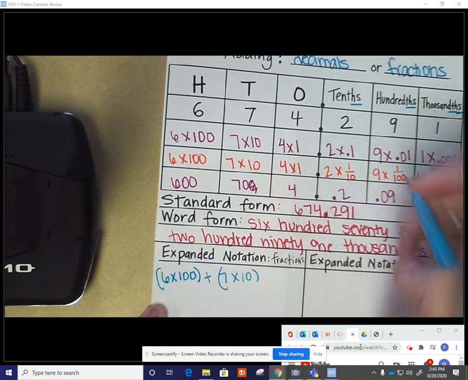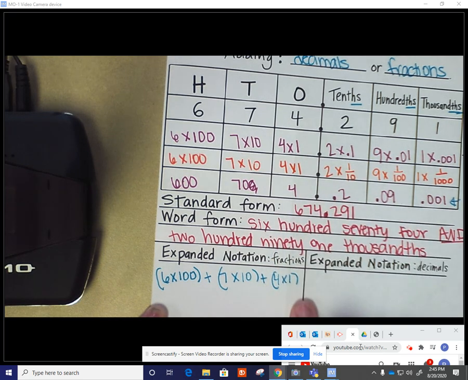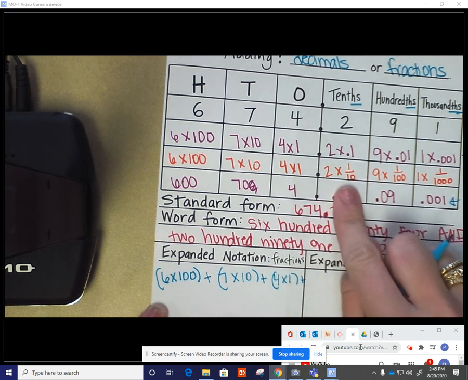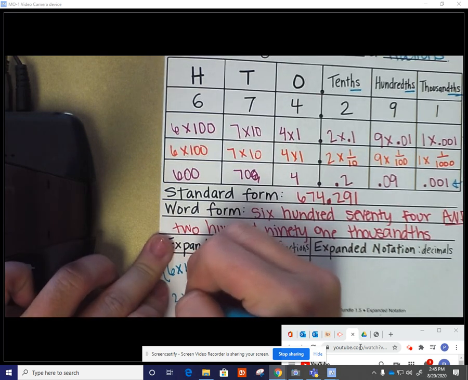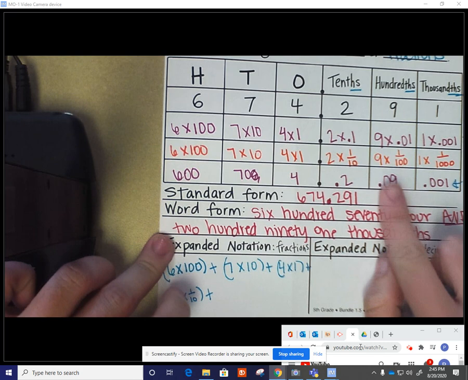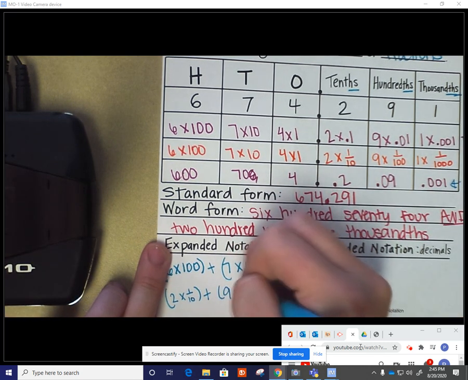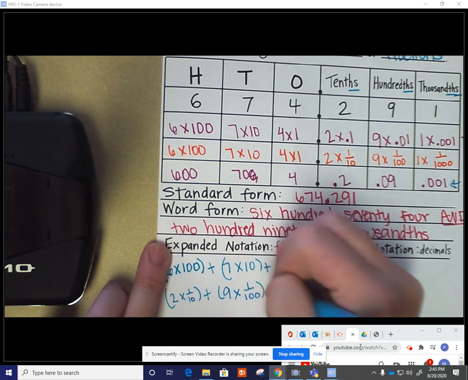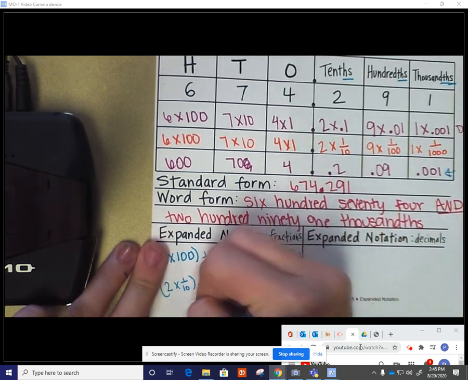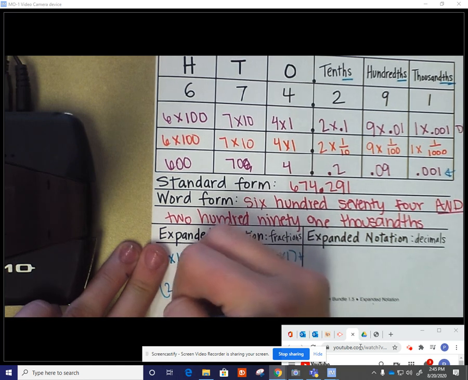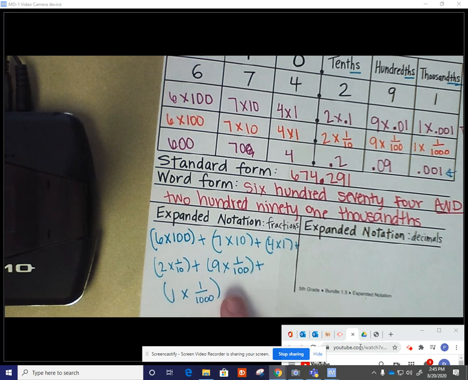And then we have 4 times 1. And then we're going to add it to 2 times 1 over 10. And we're going to add it to 9 times 1 over 100. And then we're going to add it to 1 times 1 over 1,000. And that's our expanded form as fractions.